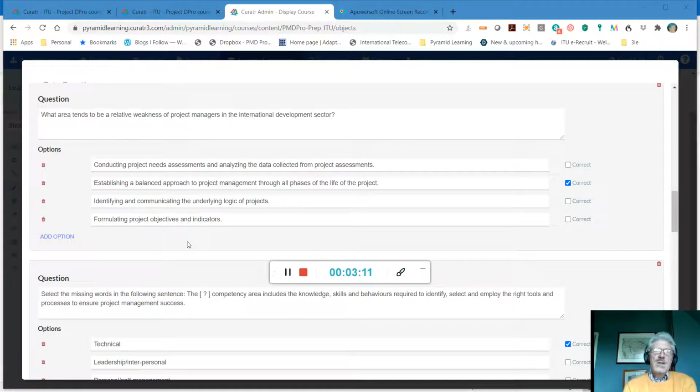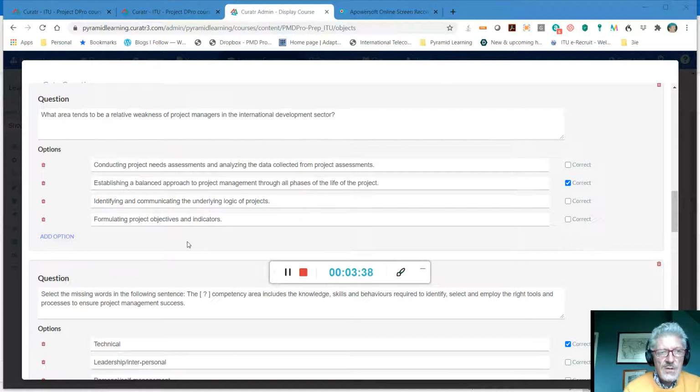And that's because in our sector, and as it mentions in the guide, we often are very good at identifying and designing, and quite good at sometimes doing the monitoring and evaluation, but planning and implementation, being on time, on scope, on budget, is, shall we say, less consistent. So it's not always balanced. So that's the correct answer.